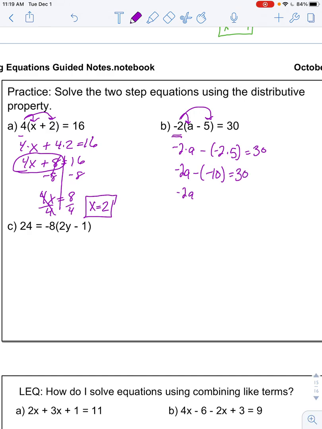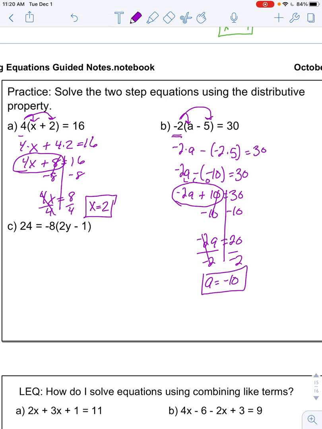So we got negative 2a, got to LCO it, plus 10 equals 30. Locate the side without the variable. So we're going to subtract 10 from each side. Negative 2a equals 20. Divide by negative 2, divide by negative 2. A equals negative 10.